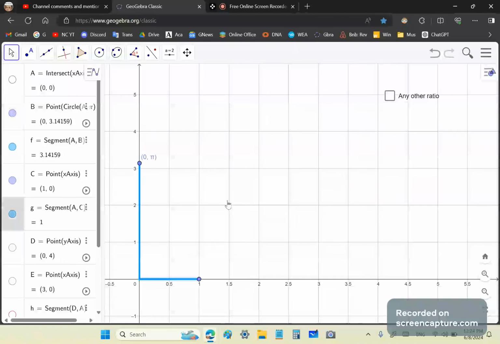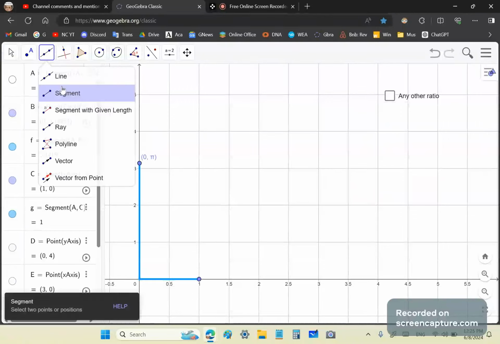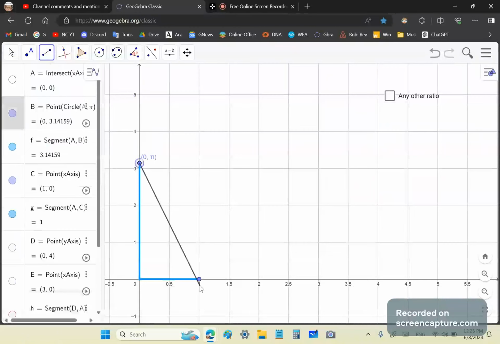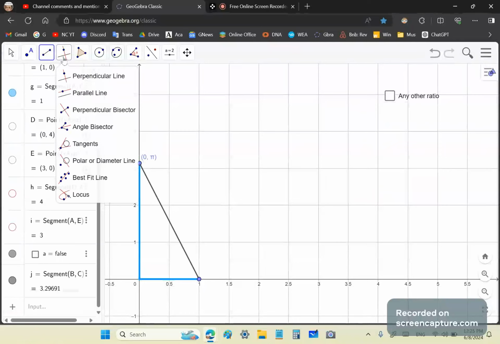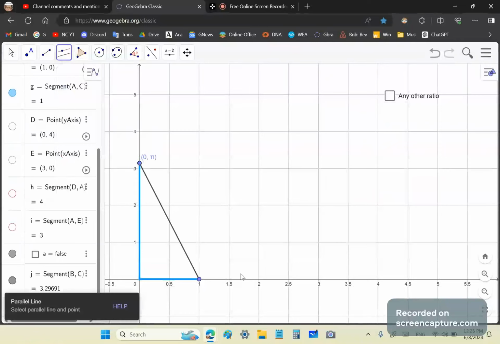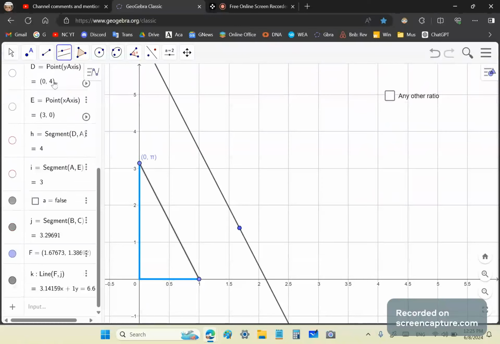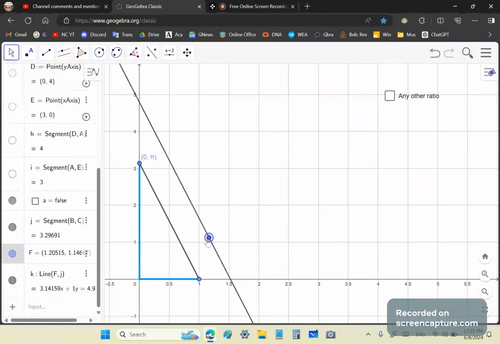But look, it could be any other thing, all right? So if we drew a line here like this, and then we drew a line parallel to that, so it says select parallel line and point, like this. Okay, so now any of these ratios here are equal to pi.